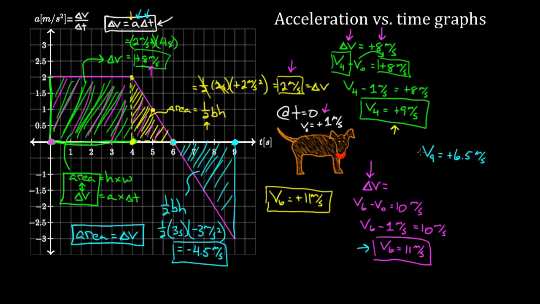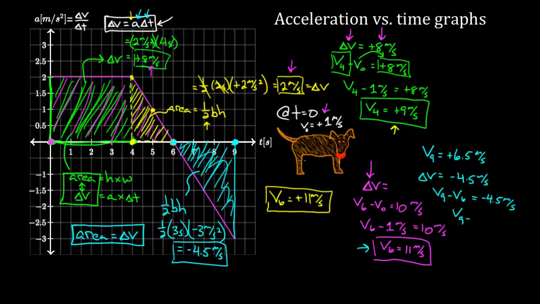Or if that sounded like mathematical witchcraft, you can say that, all right, delta V equals what? -4.5 meters per second. You've got to be careful. This -4.5 represents this triangle, so it's got to be the delta V between 6 and 9. So V at 9 minus V at 6 has to be -4.5 meters per second.